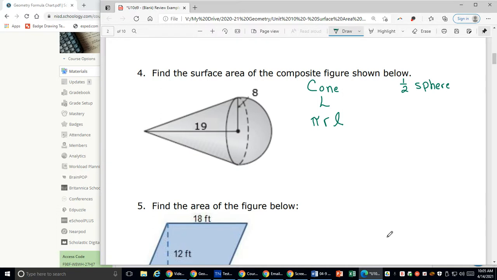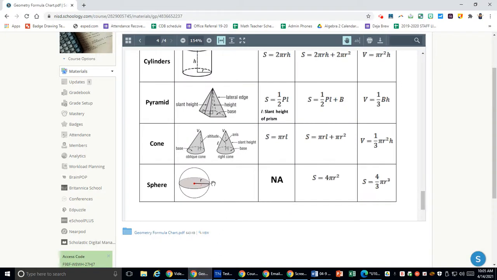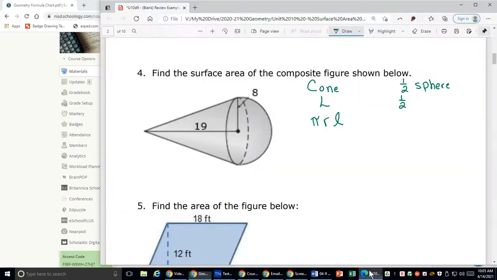And then for my sphere, 1/2 the sphere, if I look at the sphere formula, my area is 4 pi r squared. So I know half of 4 is going to be 2 pi r squared.